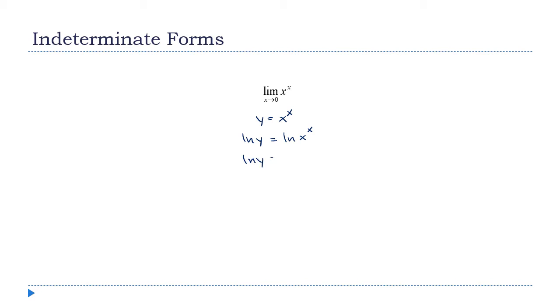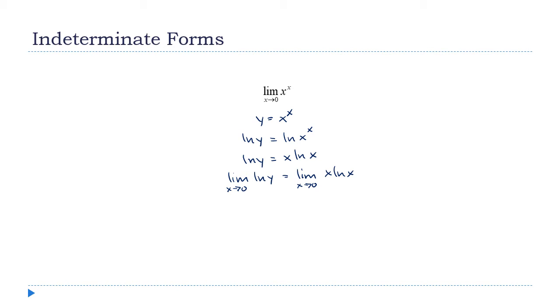Let's make this the log of y equals x times the log of x. All right, and that's looking a little more promising. Now let's take the limit of both sides. The limit as x approaches 0 of the log of y equals the limit as x approaches 0 of, whoops, got ahead of myself, x times the log of x.